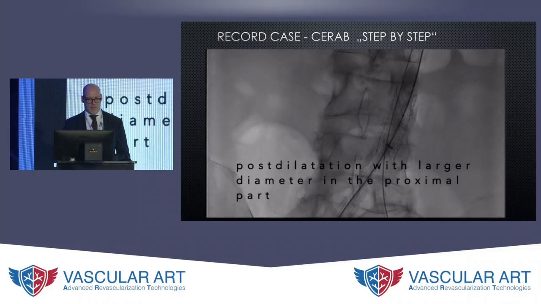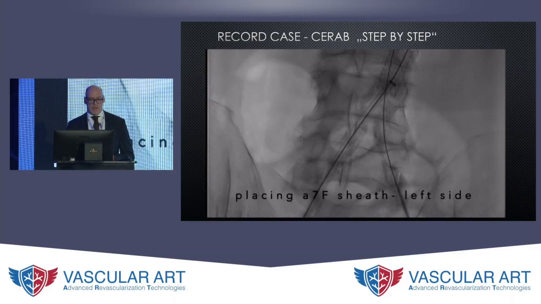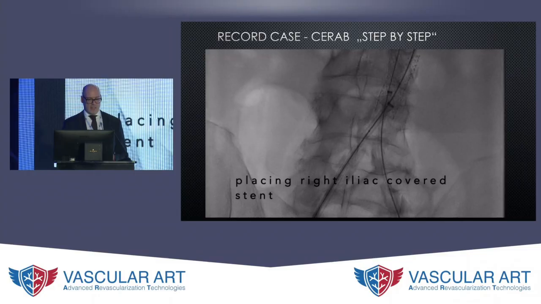Then we throw back one of the wires. There is a post-dilatation in the upper part of the aortic stent. And then a recheck is very important, like a normal EVAR procedure, with a pigtail catheter. And after that, there is the kissing stent 1.5 centimeter in the new aortic stent in the narrow area of the distal part of the aortic.